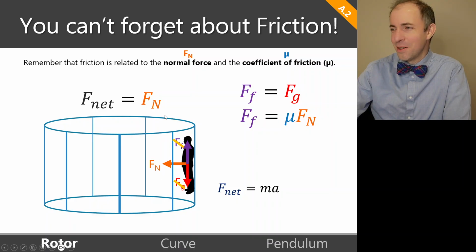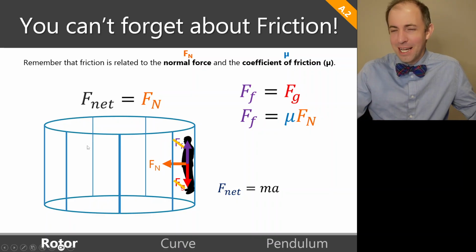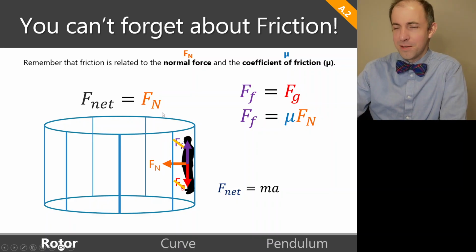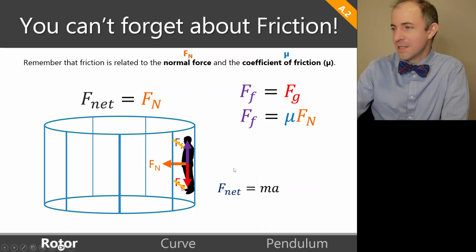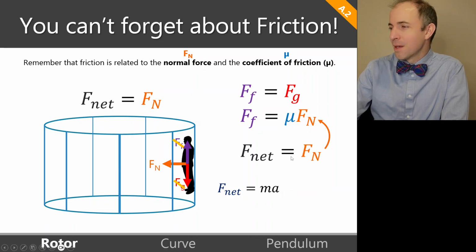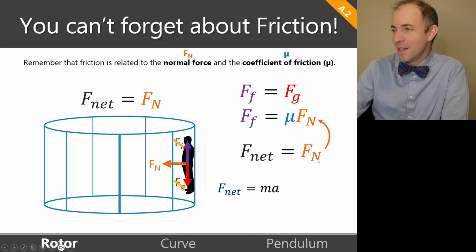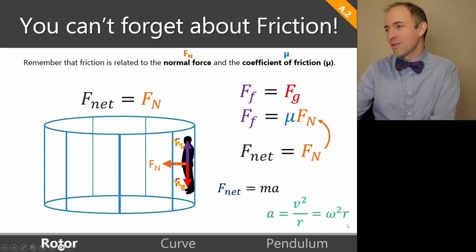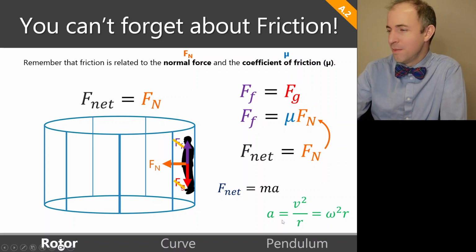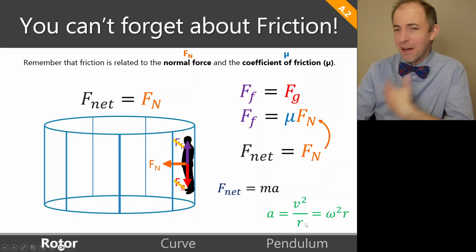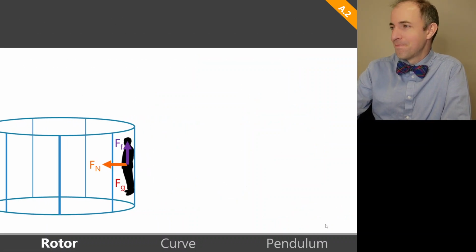So the overall force, because the other two canceled, is just equal to the normal force. It's the surface pushing. That means if you know the net force, you can find the normal force. If you know the normal force, you might be able to find the force of friction. If you know the force of friction, you might be able to find the force of gravity. And all of this is going to factor in with our circular motion and the acceleration of an object that's moving in a circle.